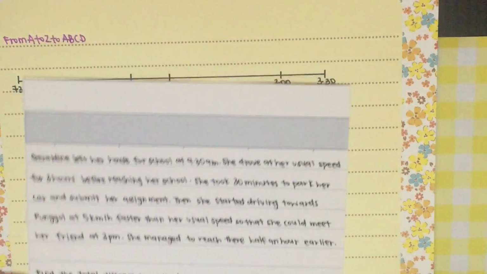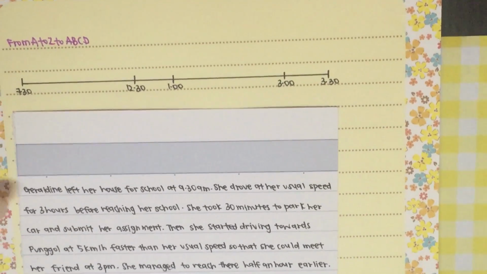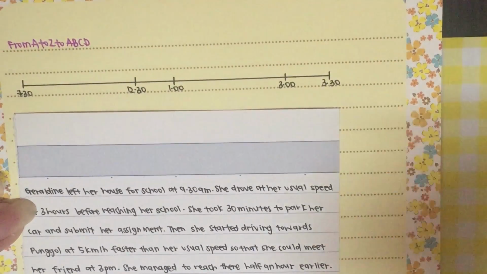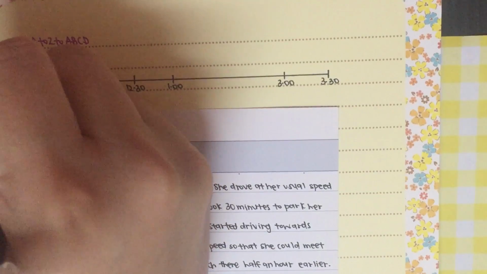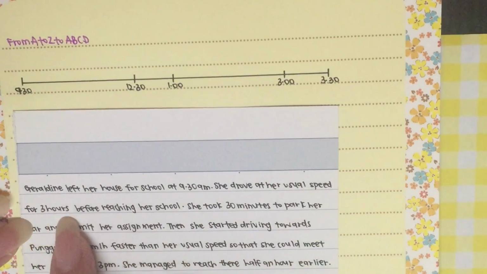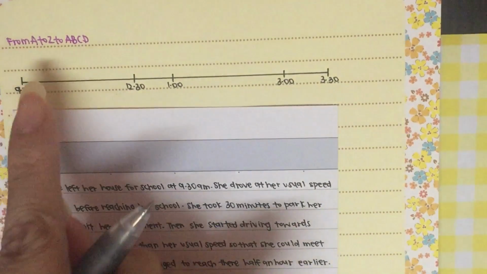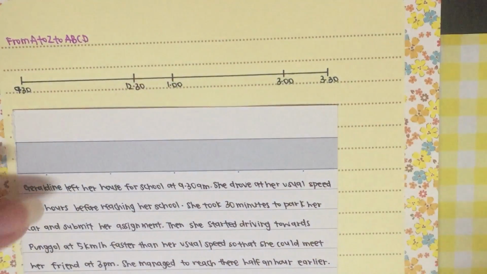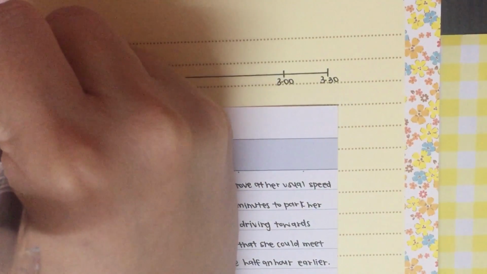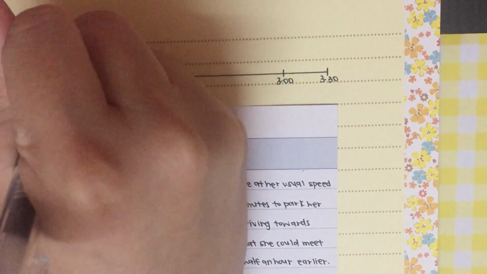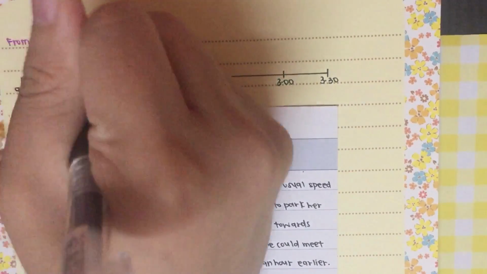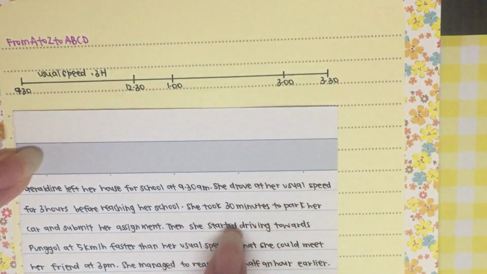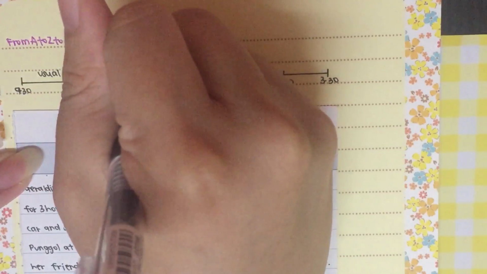Okay, so drawing the timeline, you'll be able to get this. So at 9:30 a.m., 3 hours, so 9, then 10, 11, 12. 3 hours, you drove at usual speed. Then half an hour, this is a break.